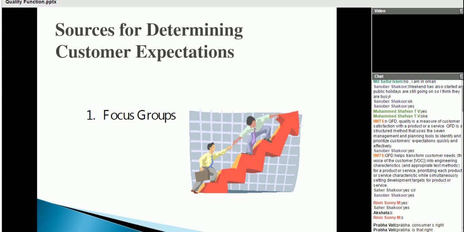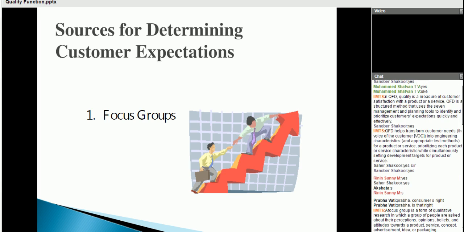It is a form of qualitative research in which a group of people are asked about their perceptions, opinions, beliefs and attitudes towards a product, service, concept, advertisement, idea or packing. So they take the opinions of the focus group. This is the definition.